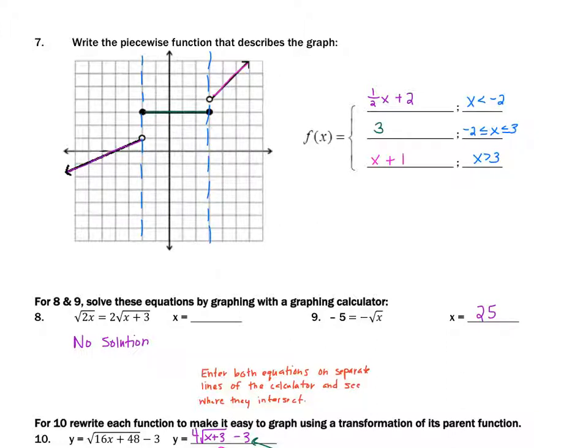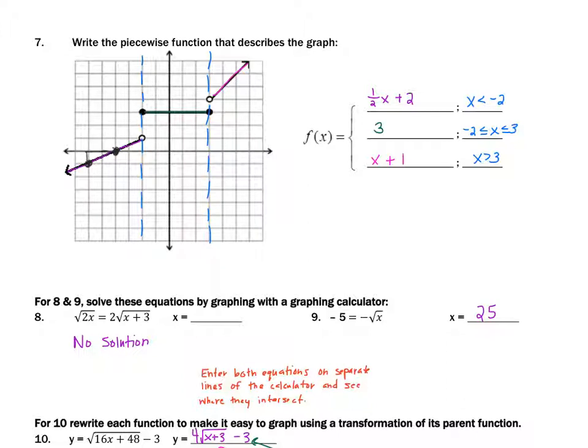For the equation of a line, I need a slope and a y-intercept. To find the slope, we look at one point where it goes through, right here, and then we want to find another point. Slope is rise over run, so we count up 1, right 2, which gives us a slope of 1/2.